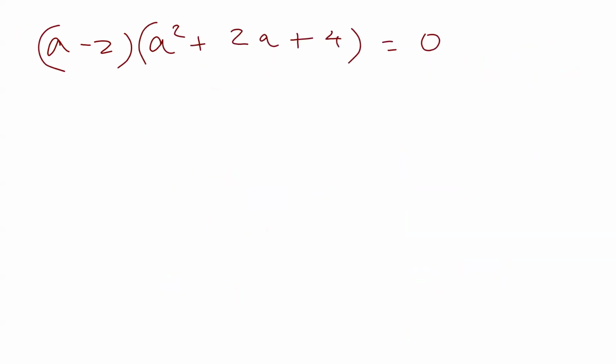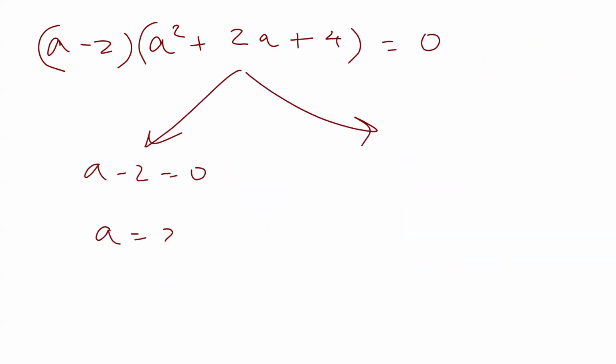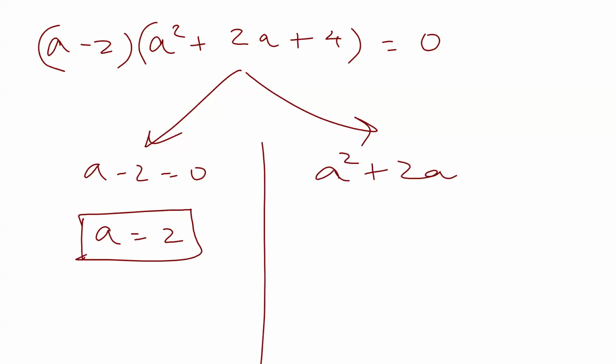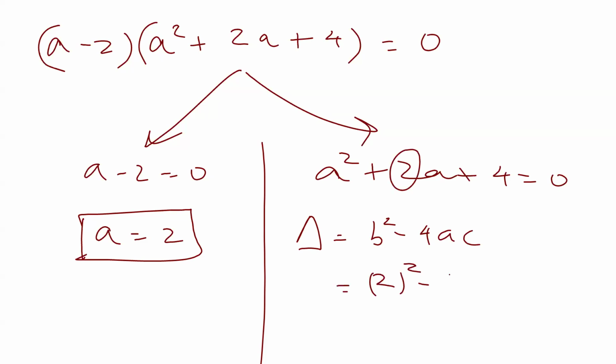So two cases. A minus 2 equal to 0, so a is equal to 2. And a square plus 2a plus 4 is equal to 0. So we'll find out delta, b square minus 4ac. What is b? b is 2. So 4 minus 16, which is less than 0.